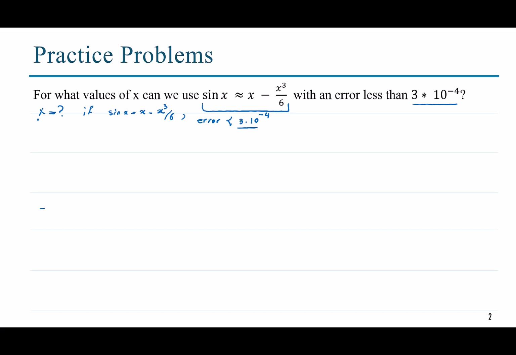So remember we said there are two ways of looking at this. First, let's write the Taylor series for sine of x. We know that the Taylor series has an infinite number of terms, and it looks something like this. So 3 factorial is 6, which is what we have there.